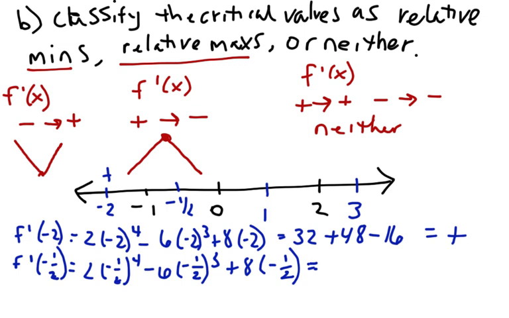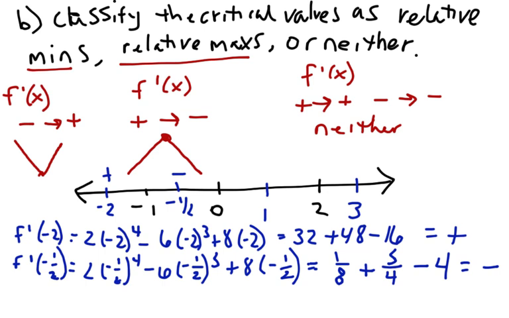So, -1/2 to the 4th power is definitely going to be positive, and then times 2, that comes out to 1/8. Then -1/2 cubed times -6 is a positive 3/4. And 8 times negative 1/2 is negative 4. So, is this going to be positive or negative? Negative.